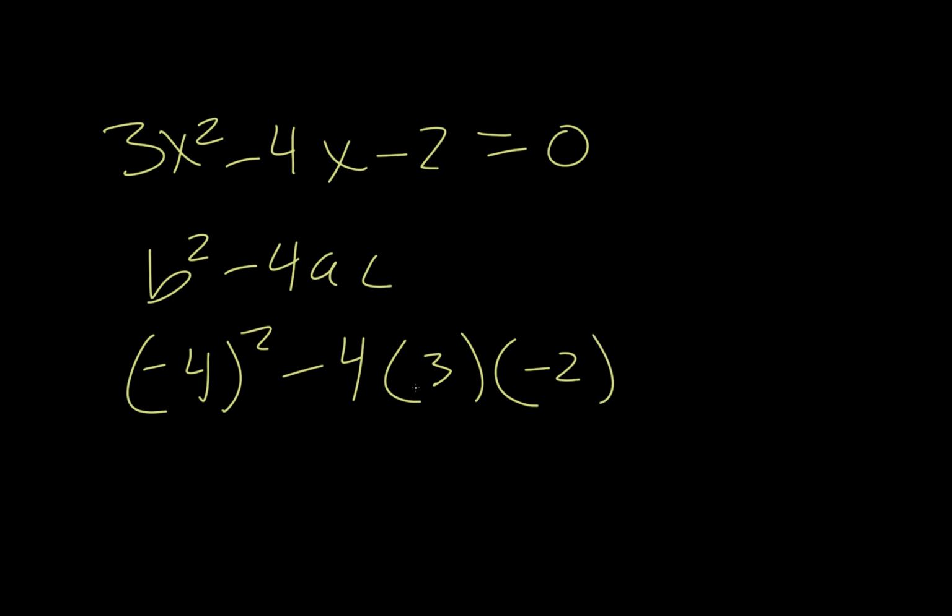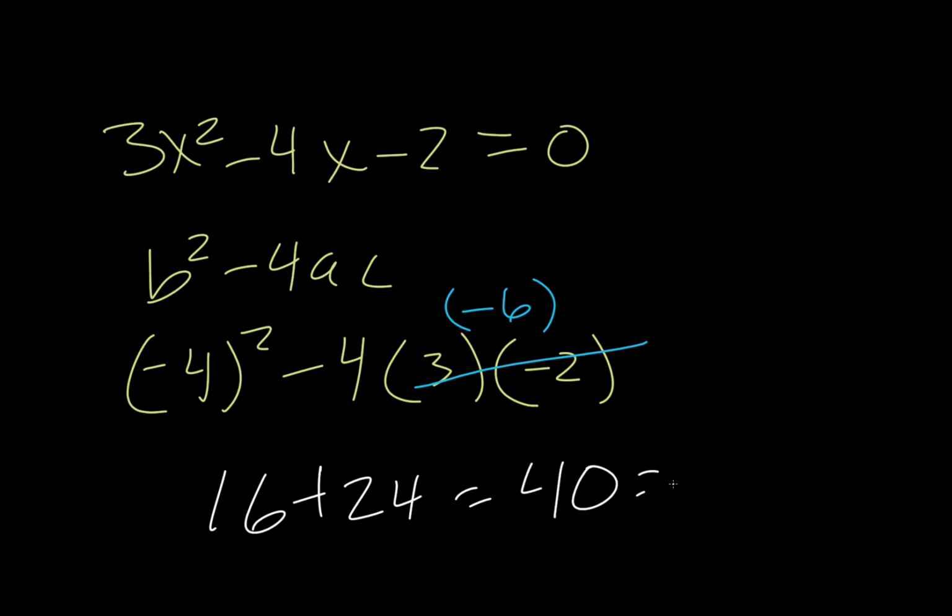We simplify that, these two become negative 6. If we do negative 6 times negative 4, we get positive 24. Then negative 4 squared is 16. Add those together, we get 40. And so that is our discriminant.